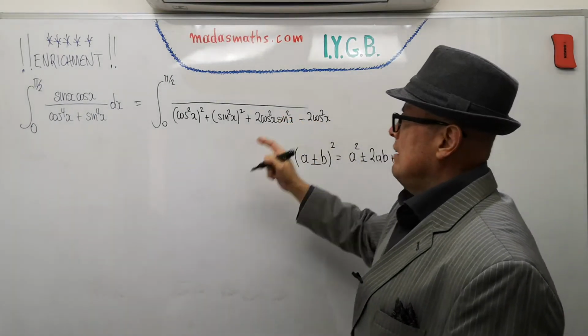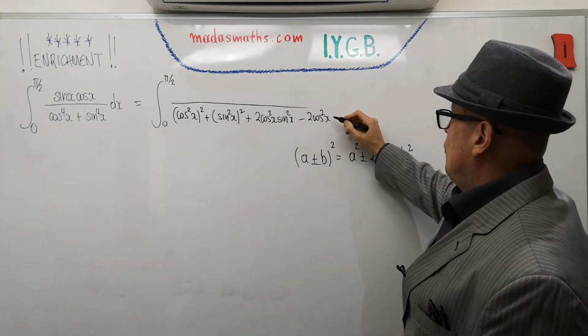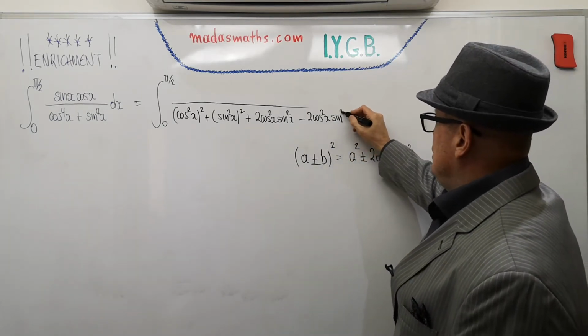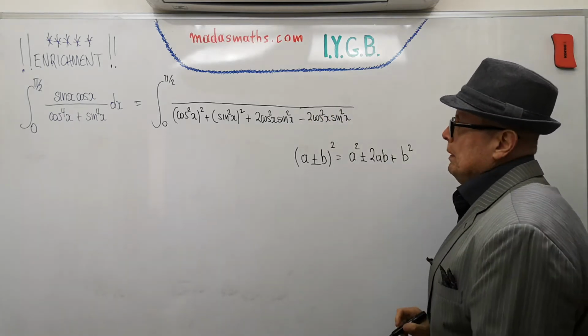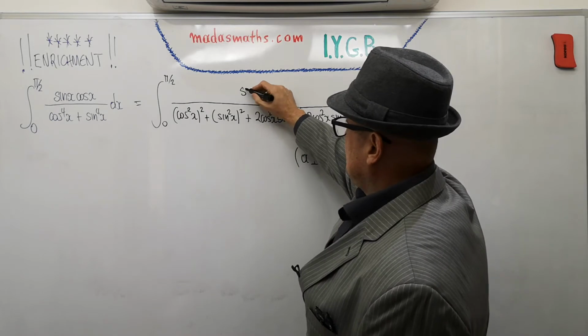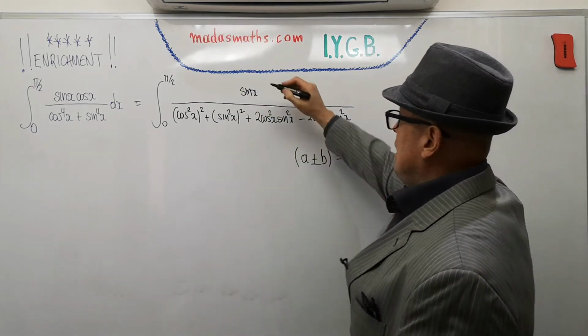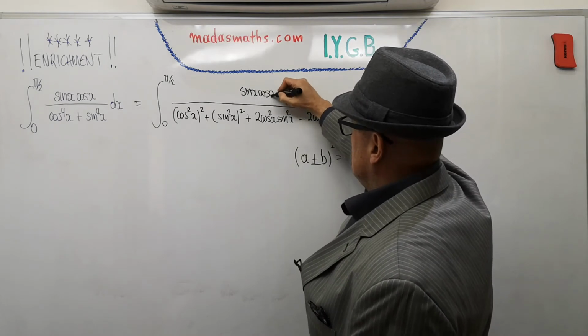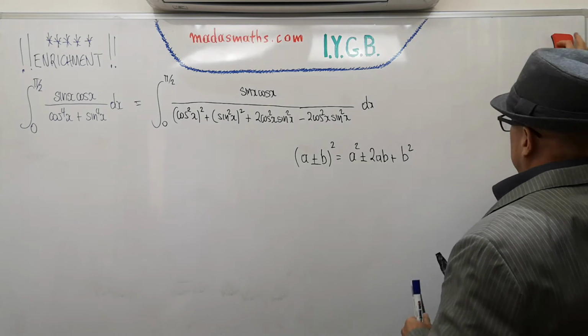And you can see these kind of things now, they're kind of related perhaps a little bit in there. Maybe it's got something to do with that. So let's continue and let's see what's going to happen. On the top, let's leave the top for the time being. I'm not going to write this as a half sine 2x yet, but that doesn't take long to write. All the action for the time being is on this denominator.